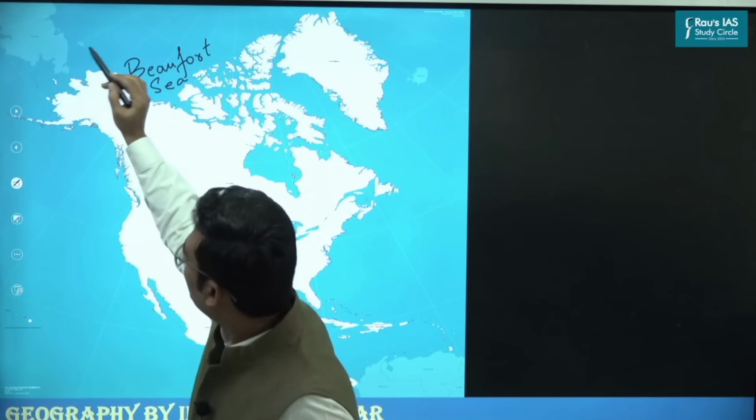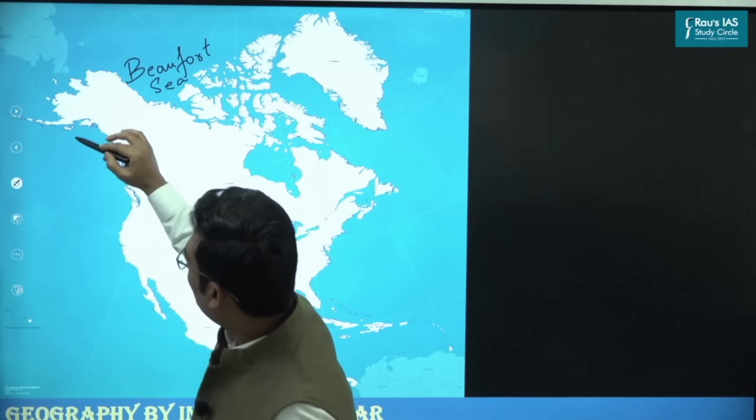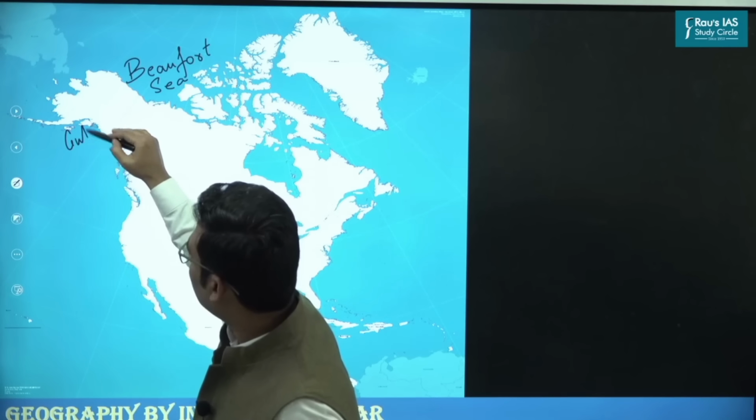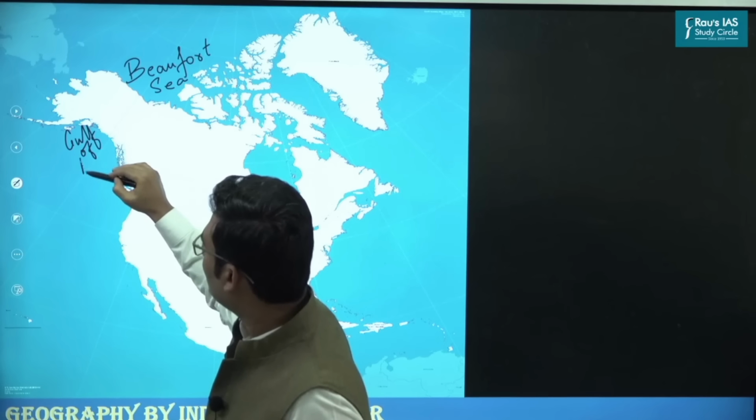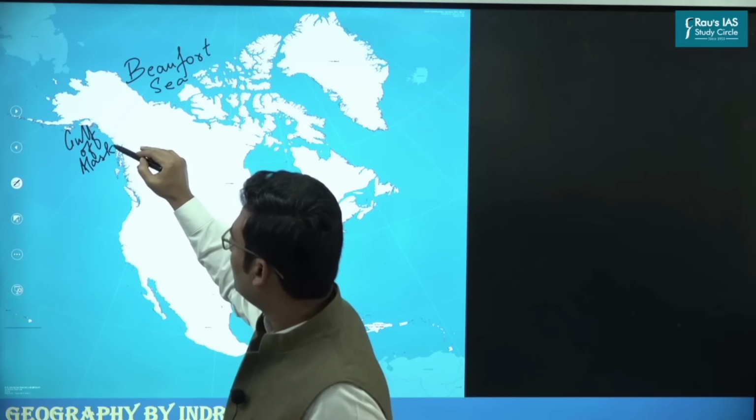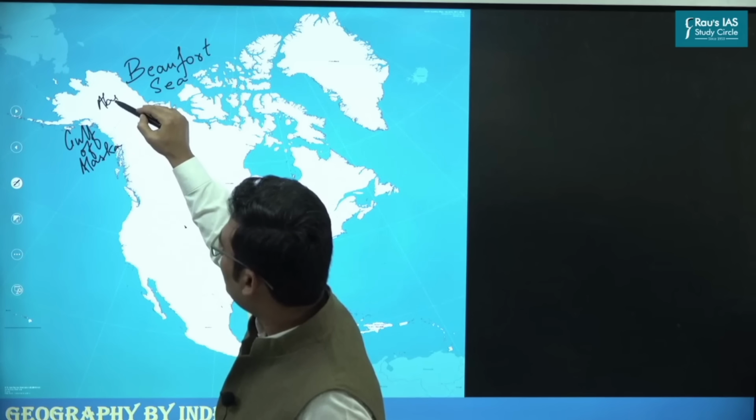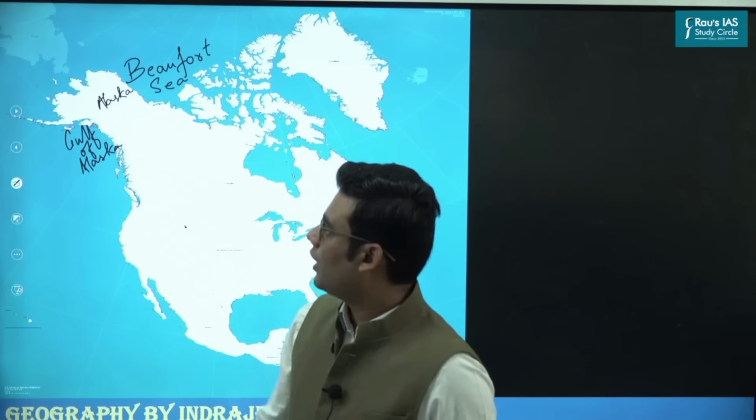Then over here, we have the Gulf of Alaska. This is the Alaska region.